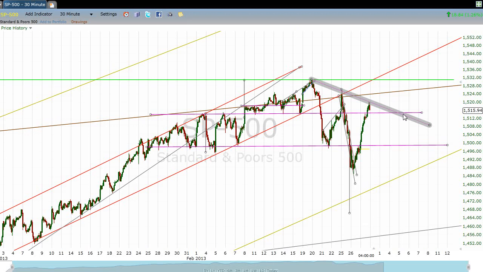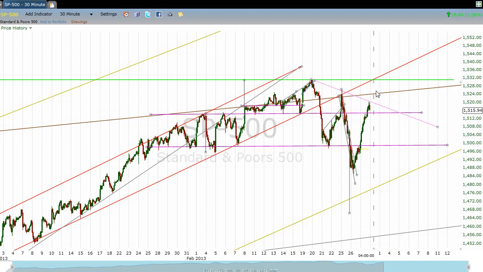excuse me, we've got a neckline right here. And this is very preliminary. This doesn't mean this is where this line has to be, because we don't know that this upwards move ended today. It may continue tomorrow.